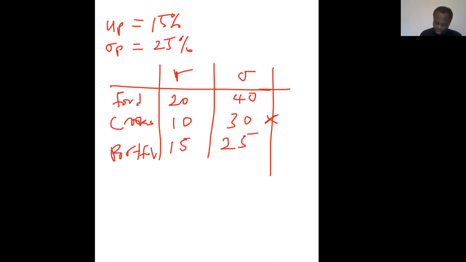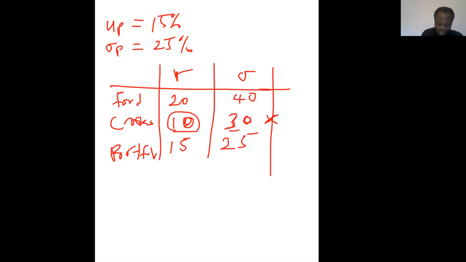Now look at something. If you invest all your money in Coors alone, you are having an expected return of 10% and a volatility of 30%. So that means at a higher risk, you are getting a lower return of 10%.